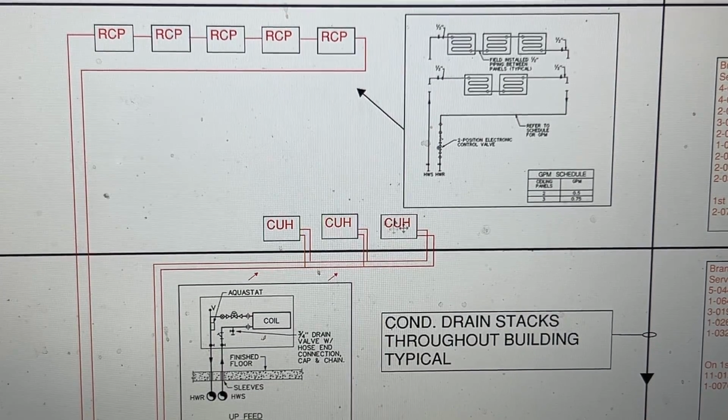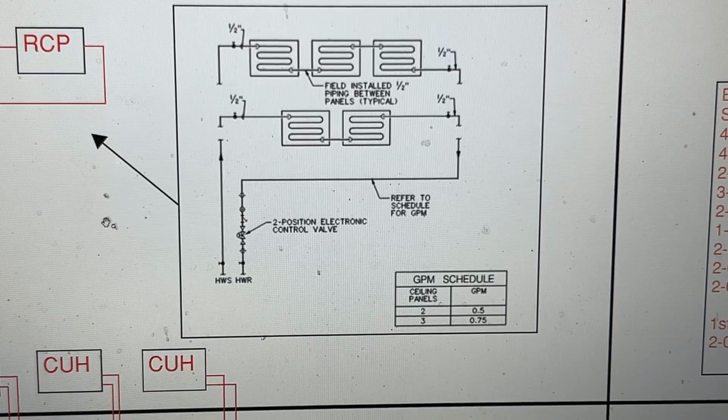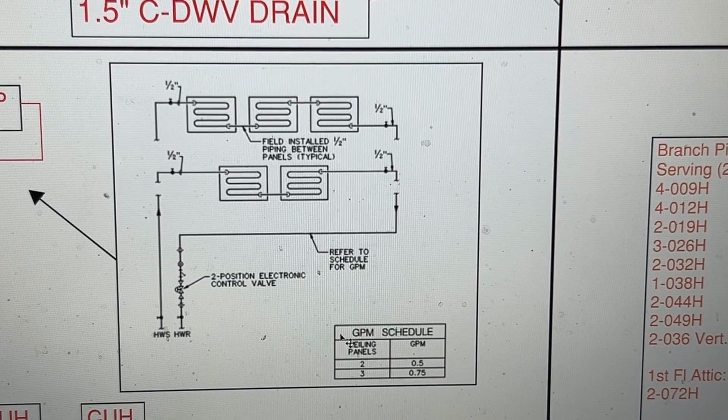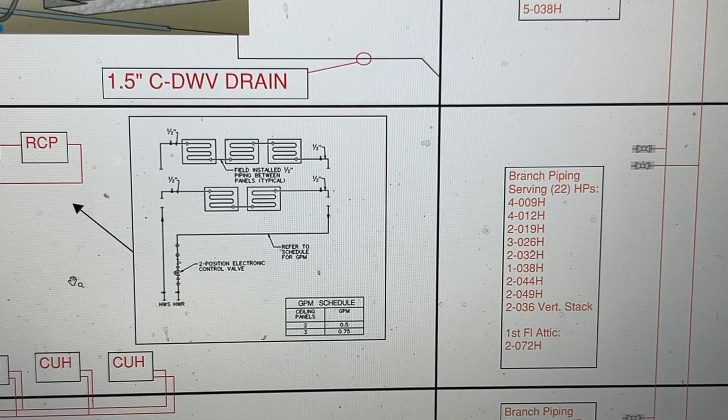Something to look at for these radiant ceiling panels is the detail for them. There is a schedule here. So we're looking like we have two two-way control valves, one on the first block of 3 ceiling panels, the other for these 2 ceiling panels. So that gives the arrangement of the control valves and what that looks like.